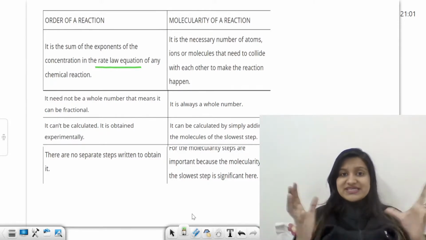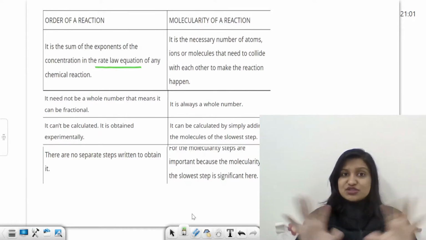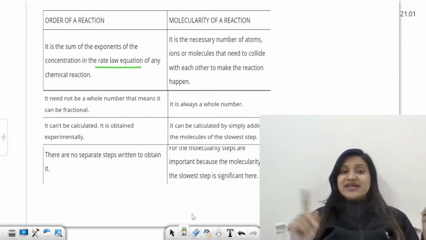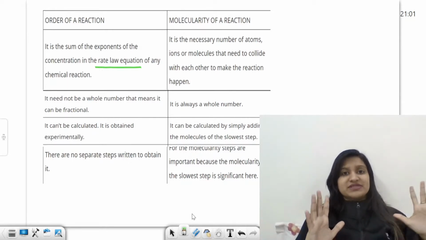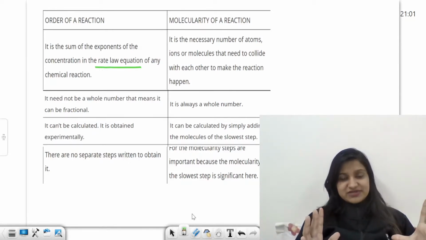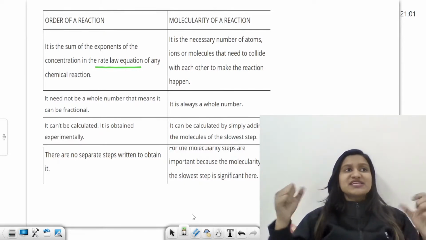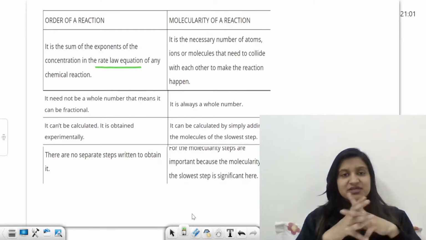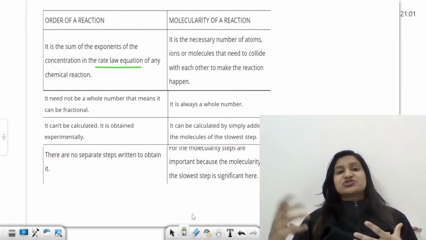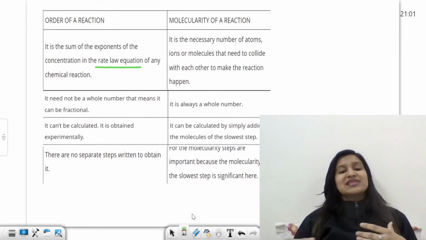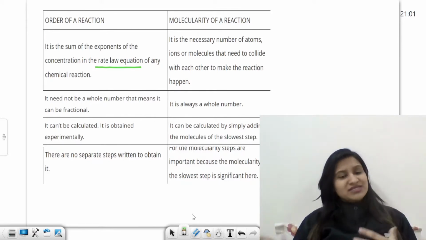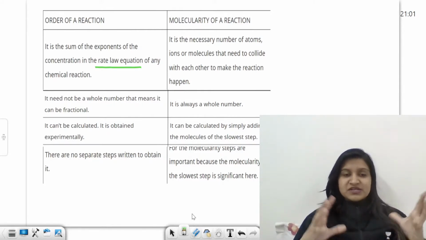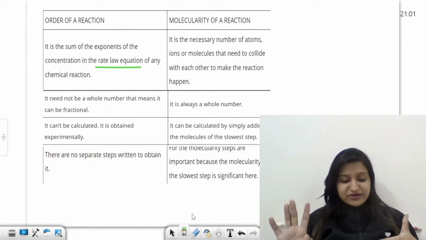If they do not collide, the reaction will not happen. For example, if two atoms or two ions collide with each other to make the reaction happen, the molecularity is 2. That's the molecularity of the reaction.